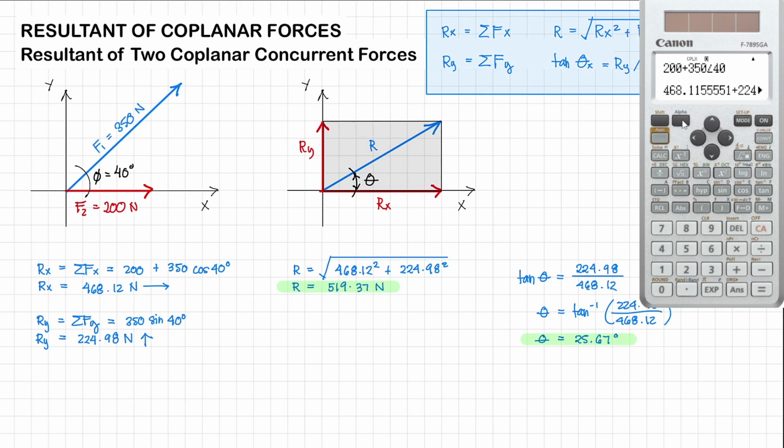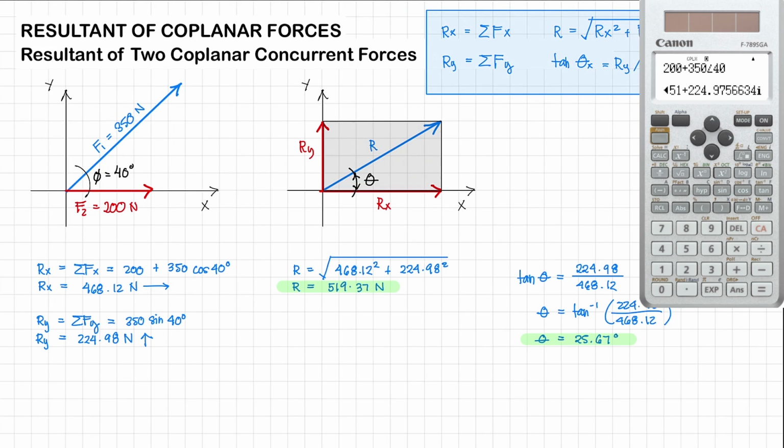And what you get here is the components of our resultant force. So you have 468.11 or 12, that is going to be our horizontal component of the resultant, or Rx. And then we have here 224.98, and that is going to be Ry, the vertical resultant.